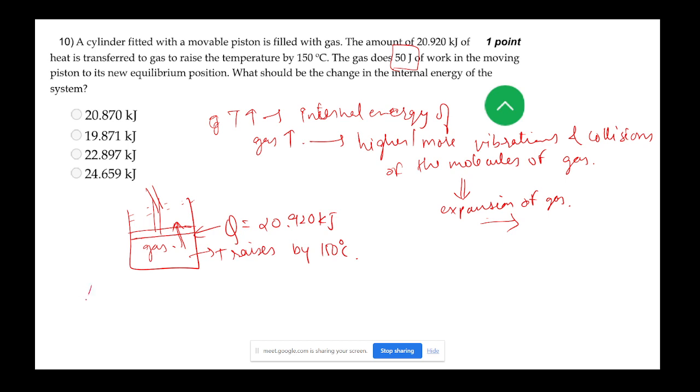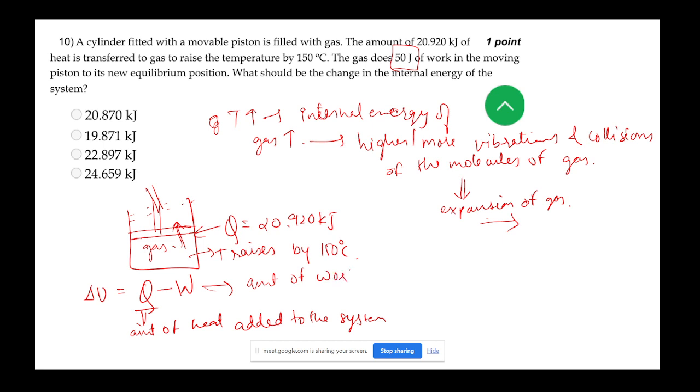To find the change in internal energy, you apply the first law of thermodynamics, which is delta U equals Q minus W. Here Q is the amount of heat added to the system, and W is the amount of work done by the system.